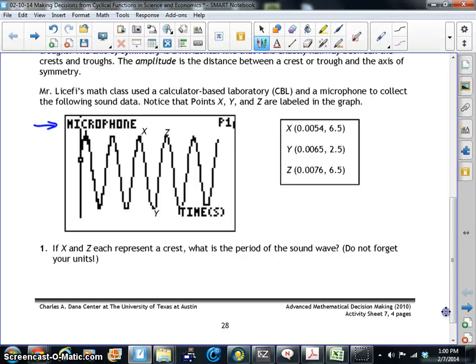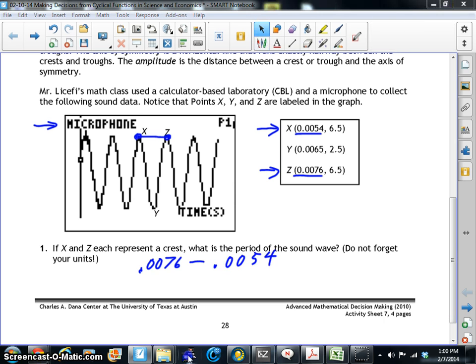Okay, so if x from z, which is this point and this point, represents a crest, what is the period of the sound wave? So what they're asking is, what is the distance between these two points? And that is the maximum to maximum. So to calculate that, you take the x part of each one of these ordered pairs: 0.0076 minus 0.0054.